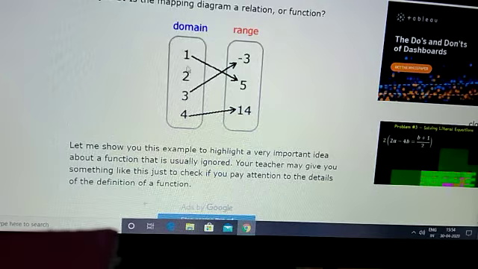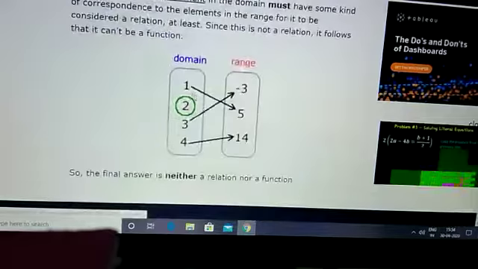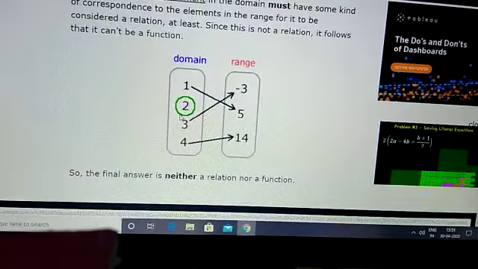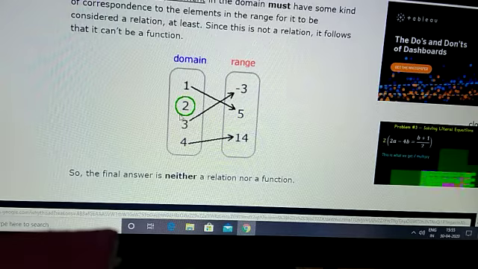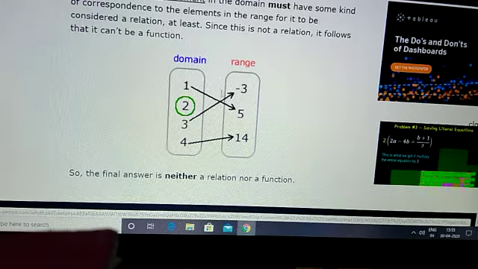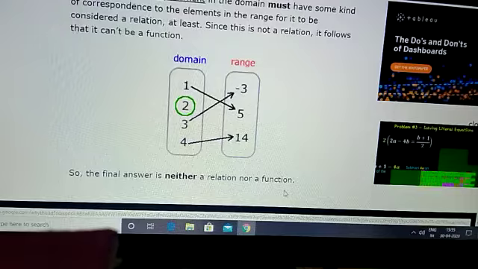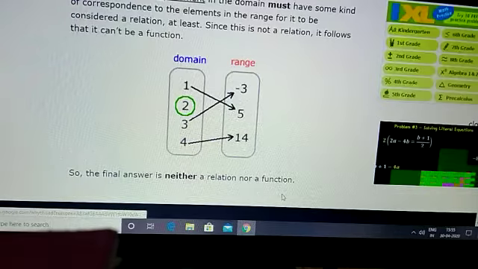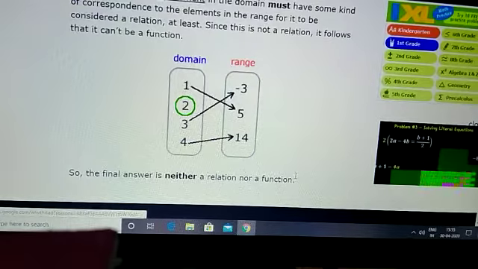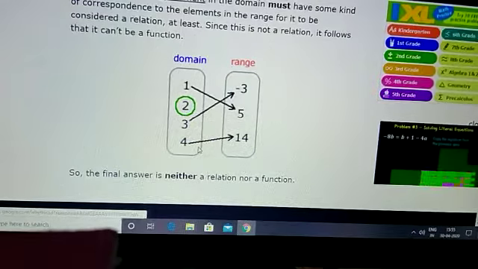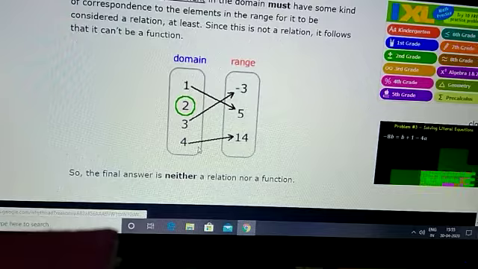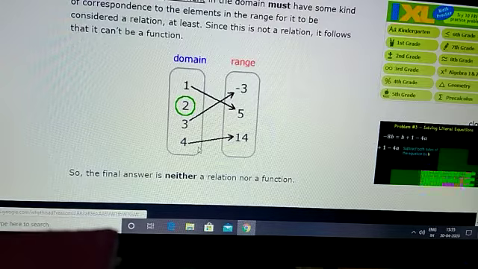If I talk about the 2, 2 does not have any relation, or any pair. So it is neither a relation nor a function. For a function, it is very important that first we must have a relation, then we talk about the function. So the given example is neither a relation nor a function.